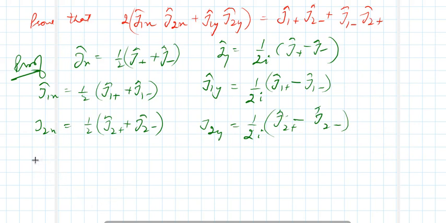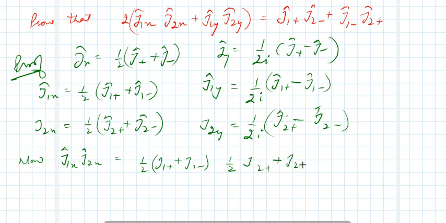So now I can write j1x j2x as equal to 1 by 2 (j1 plus plus j1 minus) times 1 by 2 (j2 plus plus j2 minus).